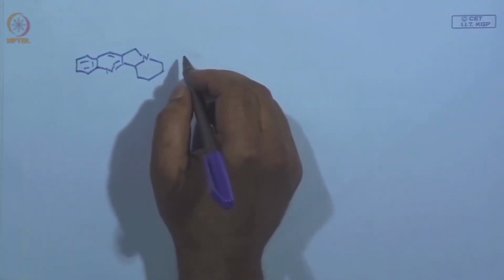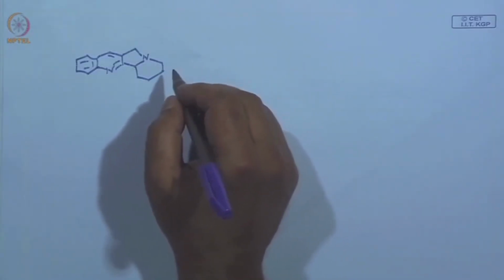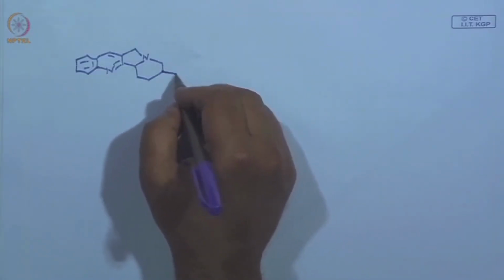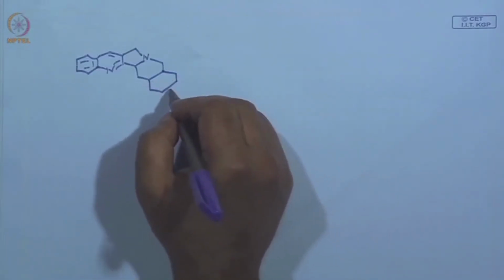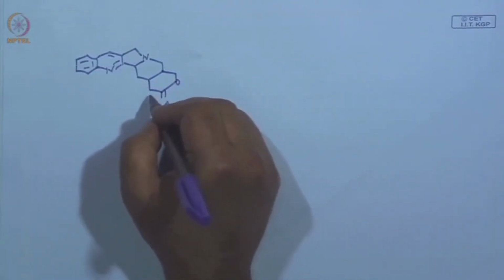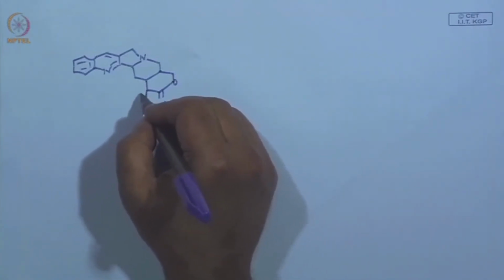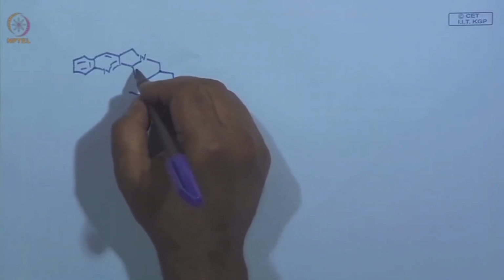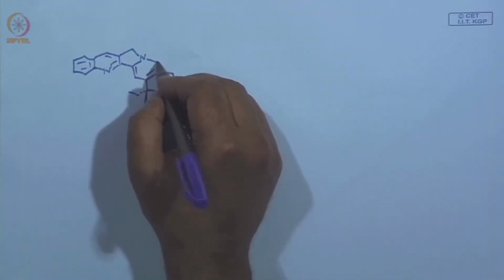It is an anti-cancer drug, and what you will see is that it has so many functionalities, and it has only one chiral center. Then you have a double bond nitrogen, and then you have nitrogen here. Actually I used to know the name, but I do not know the spelling, it is known as camptothecin.